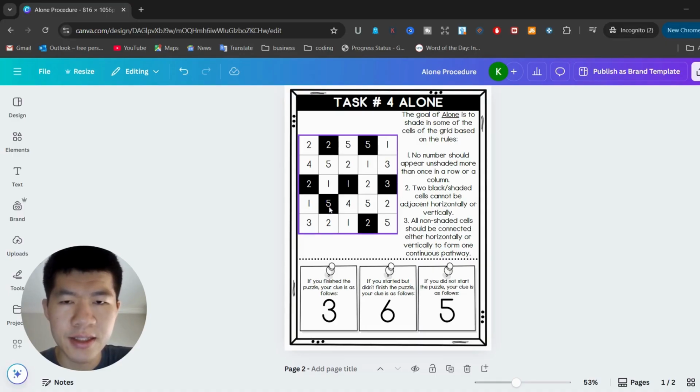I don't see that. This one is diagonal, and that's perfectly fine. And all the non-shaded cells should form a continuous path, which they do. So this would be my final answer to this particular puzzle. That's how you play the game.